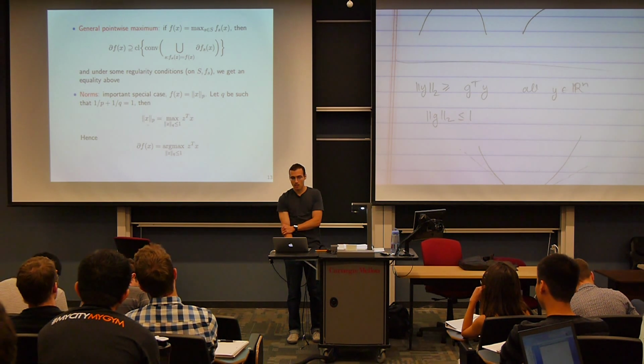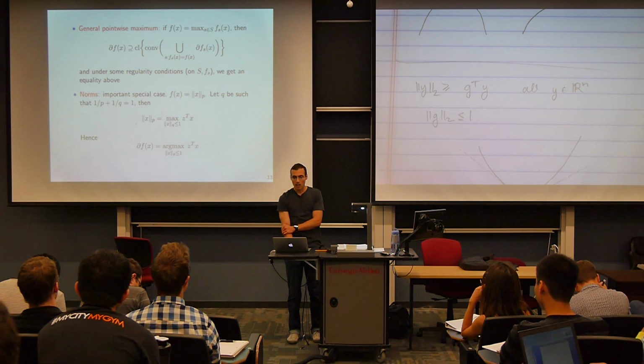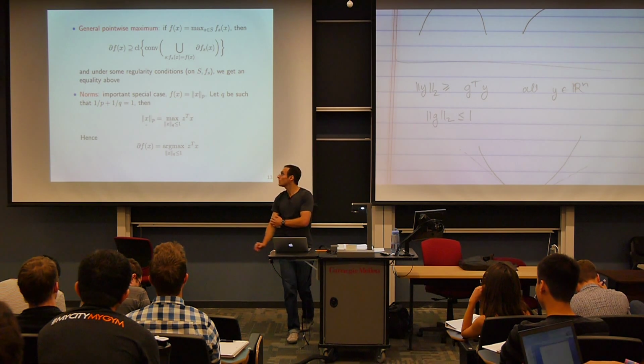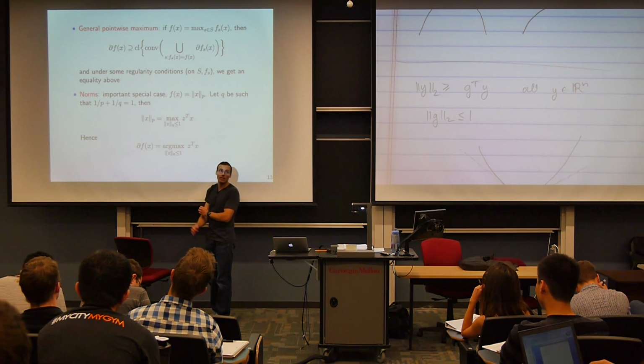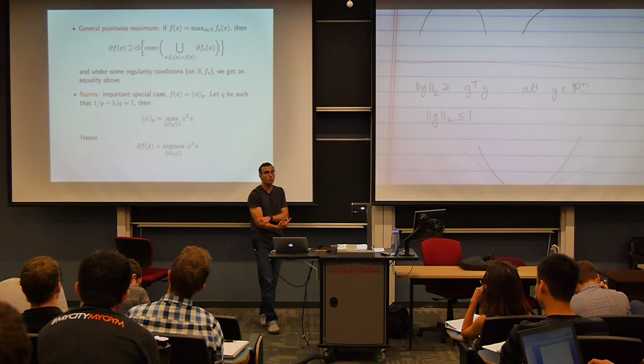So for example, let's think about the L2 norm. The L2 norm of x is the maximum over all vectors z that have L2 norm less than or equal to 1 of z transpose x. That's actually true. We know that's true.